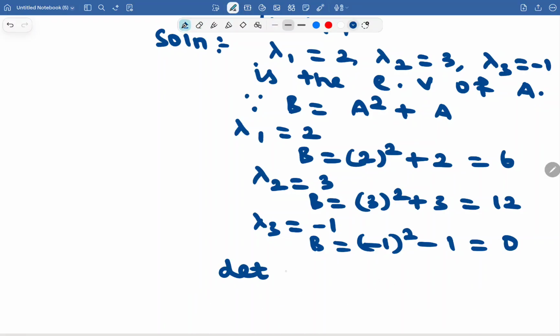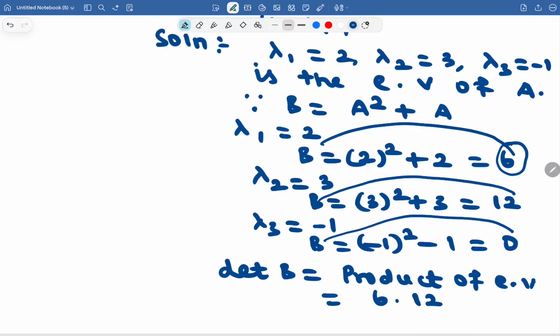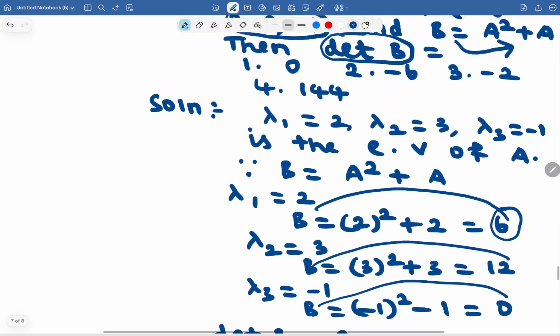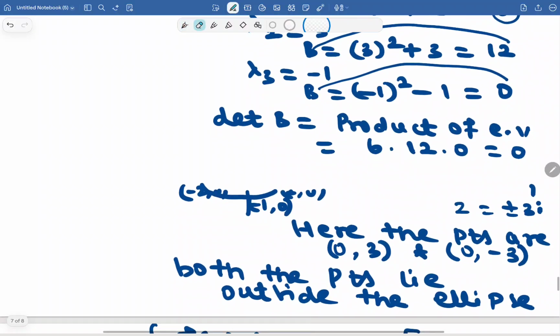To find determinant of B, we know very well it is nothing but the product of eigenvalues. For lambda 1 equal to 2, the eigenvalue of B is 6. For lambda 2 equal to 3, the eigenvalue of B is 12. For lambda 3 equal to minus 1, the eigenvalue of B is 0. The product of eigenvalues of B is nothing but determinant of B. 6 into 12 into 0, answer is 0. For this problem, the first option is the correct option.